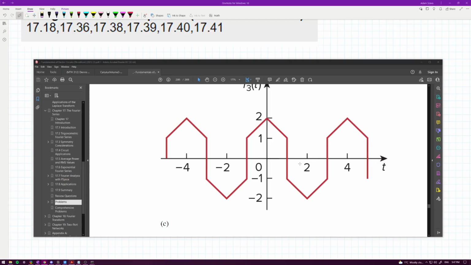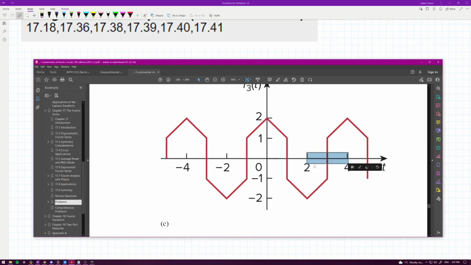Okay, but since this is even symmetry, wouldn't that mean you're pretty much making a mirror image from 0 to 2 onto 2 to 4? It's not exactly a mirror image, right? Because look at it. From 0 to 2, you're starting up, going down.